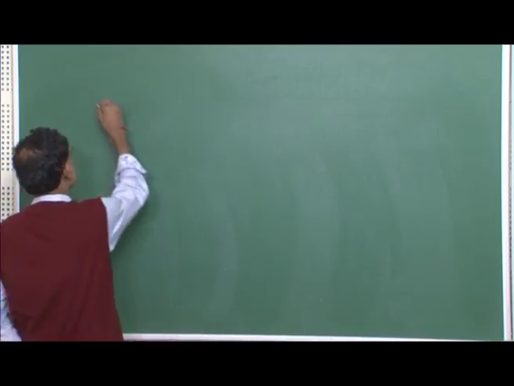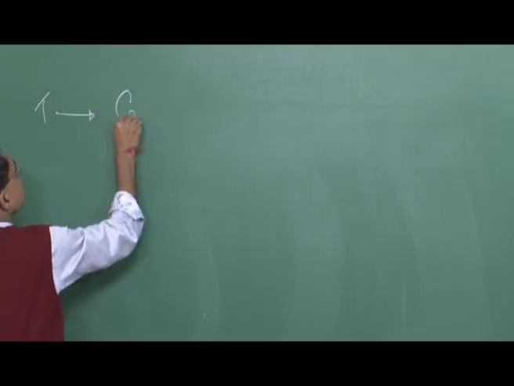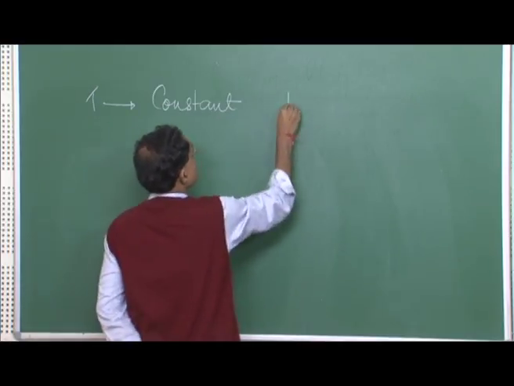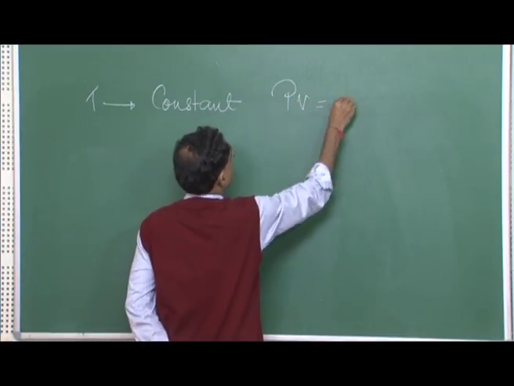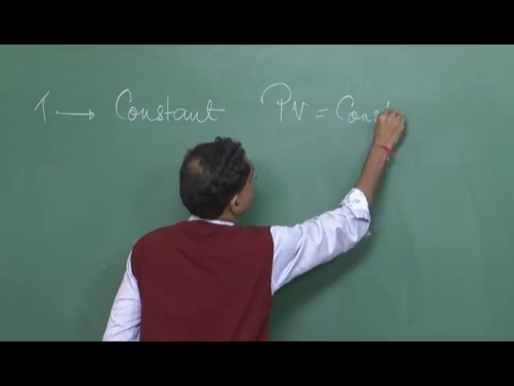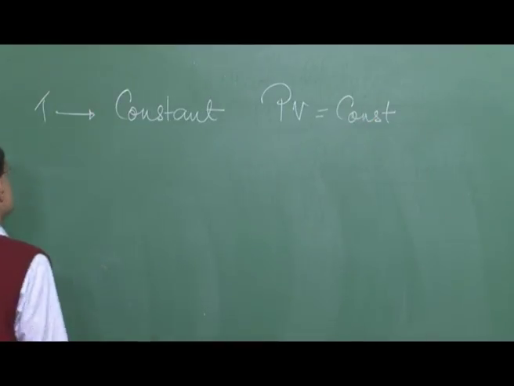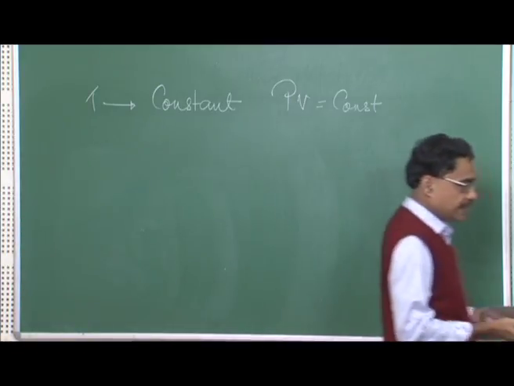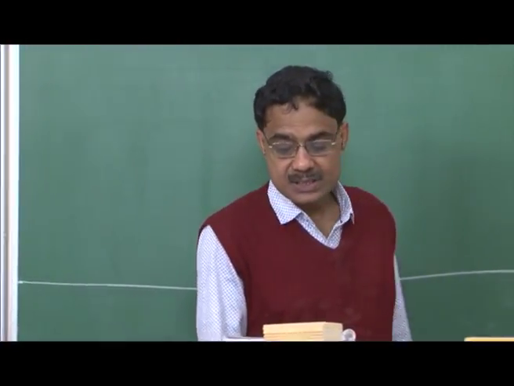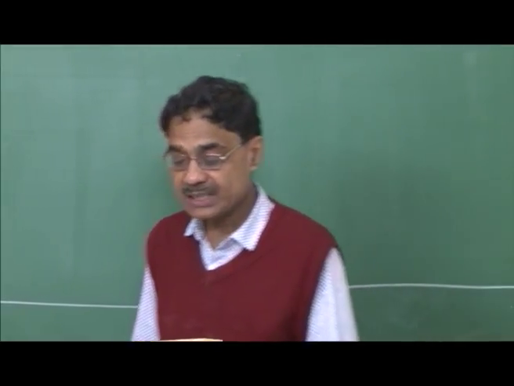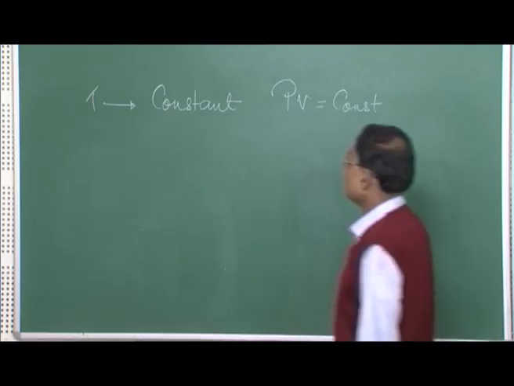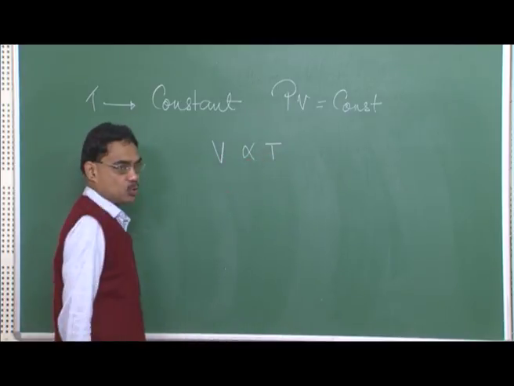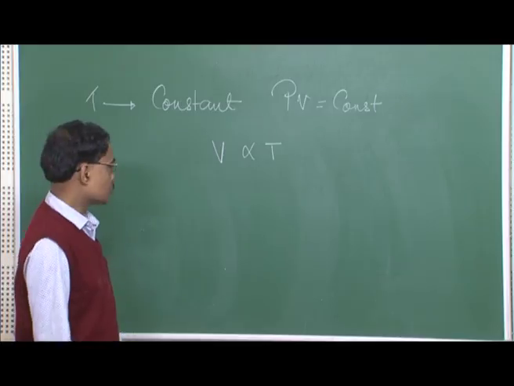For example, keep the temperature constant, then PV is equal to a constant. This is famously known as Boyle's law. Then if I have a given quantity of gas, I can write V is proportional to temperature, which is known as Charles' law.